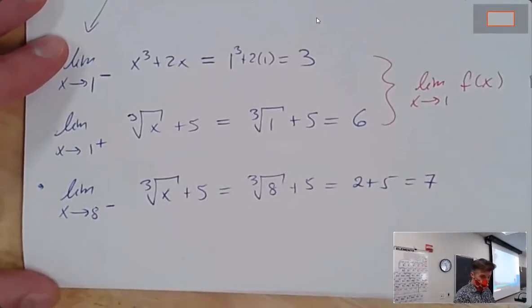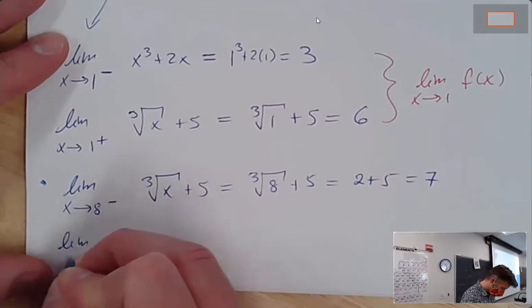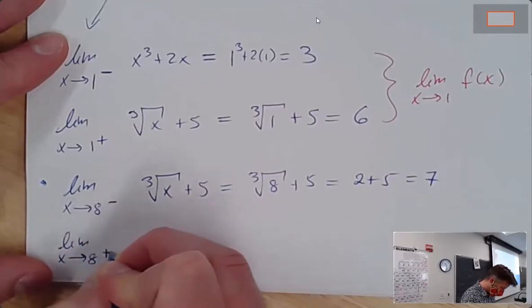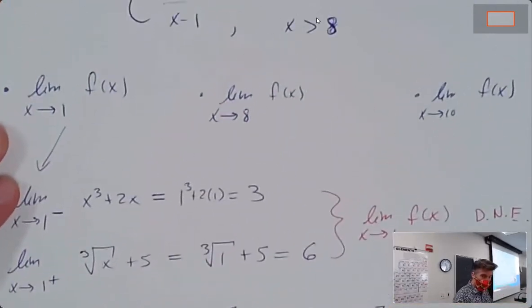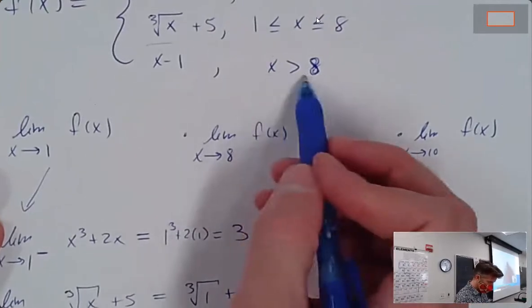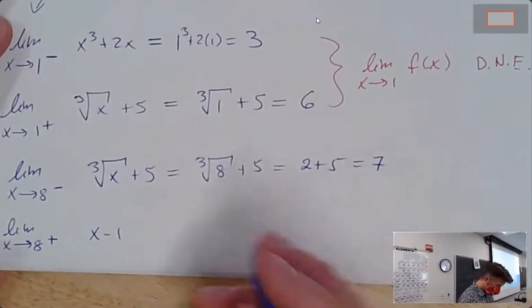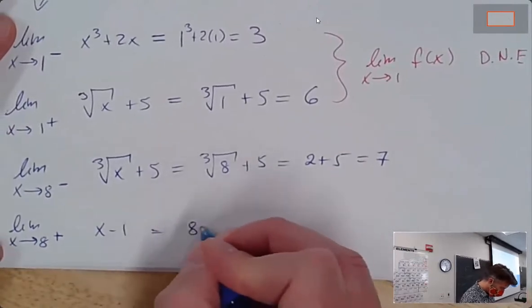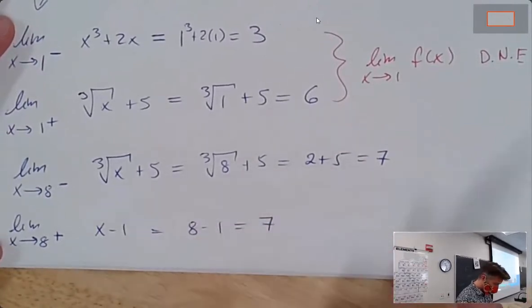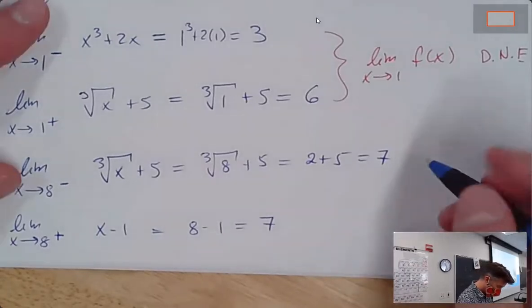We approach 8 from the right. So limit as x approaches 8 from the right. Now we're using the piece of the function where x is larger than 8, which is this piece here. And we're getting 8 minus 1, which is 7. And those are the same.